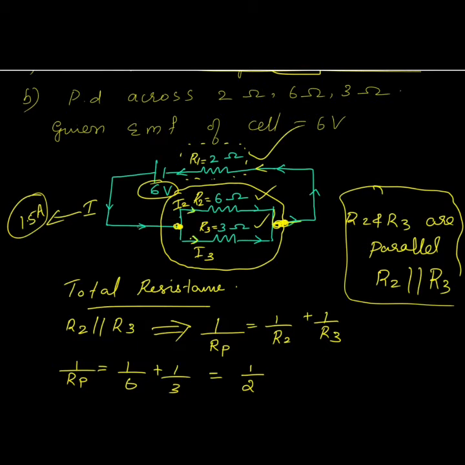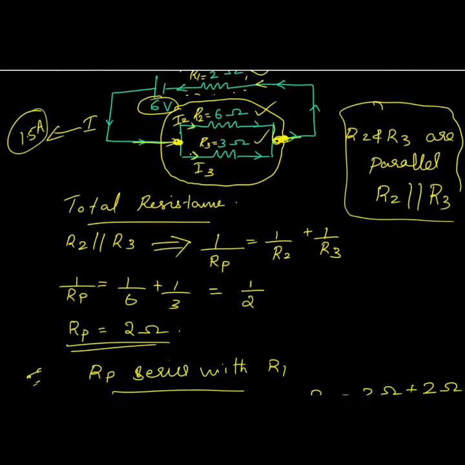Okay, so this main current is flowing through both of them, that is this network. So in order to find the voltage across both of them, we can use this equation.